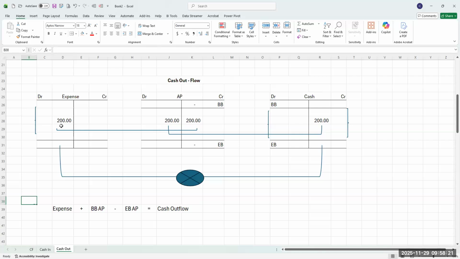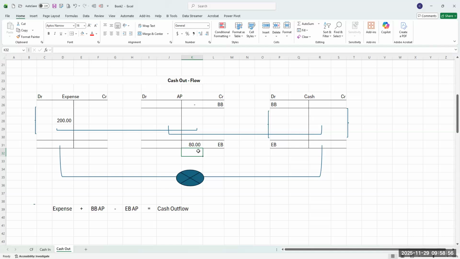My expense was $200, but now accounts payable has a zero beginning balance and the ending balance is $80. How much cash did I pay? $280.